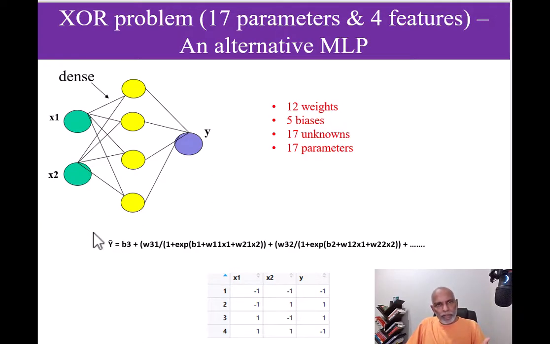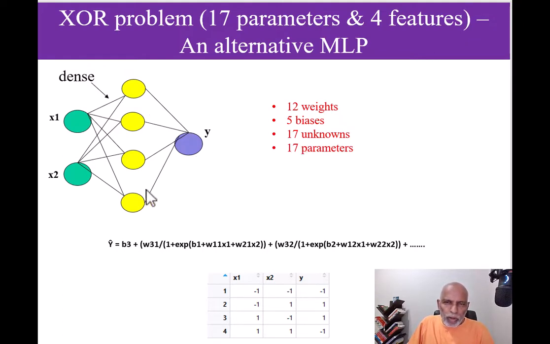The other way is to look at 4 hidden layer neurons, and then you can simplify this model. It's a dense neural network. Here we have 2 input neurons and then 4 hidden layer neurons. So each one of them gets 2 weights, right? 2 plus 2 plus 2 plus 2, 8 here, plus bias, 4 biases, is 12, and then we have another 4 here, and there is a bias here, so totally 17 parameters.